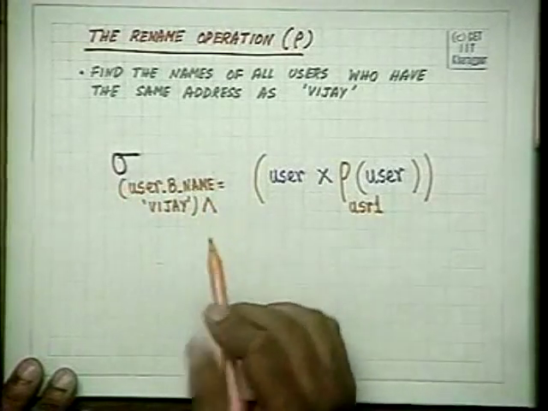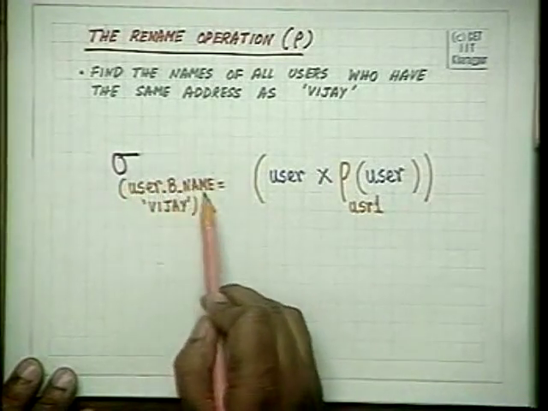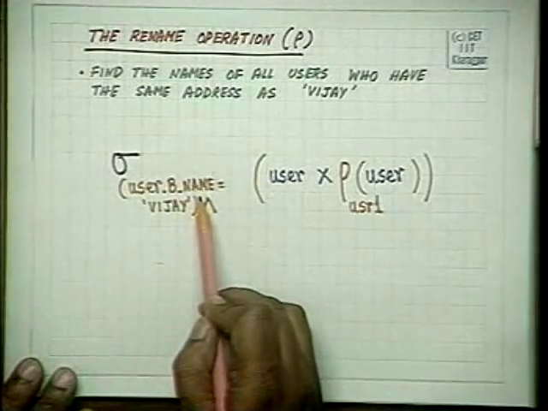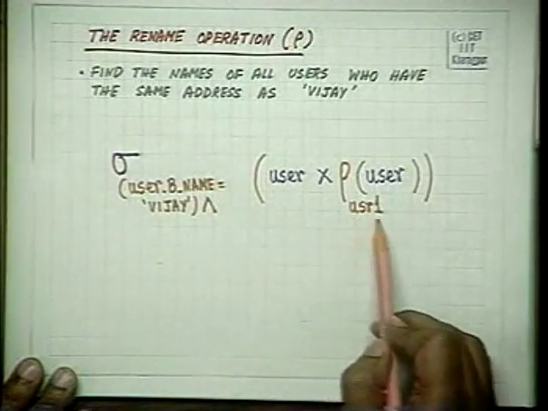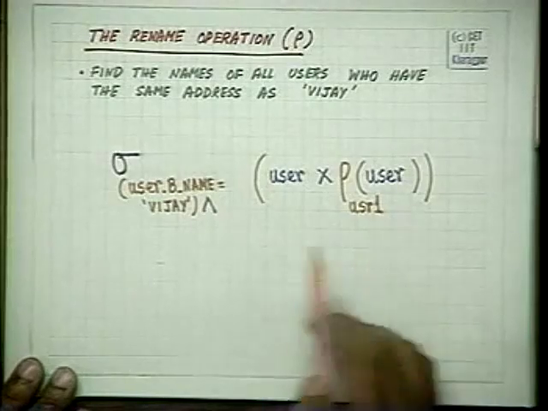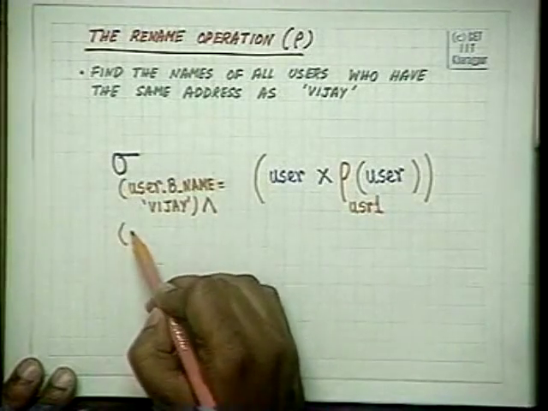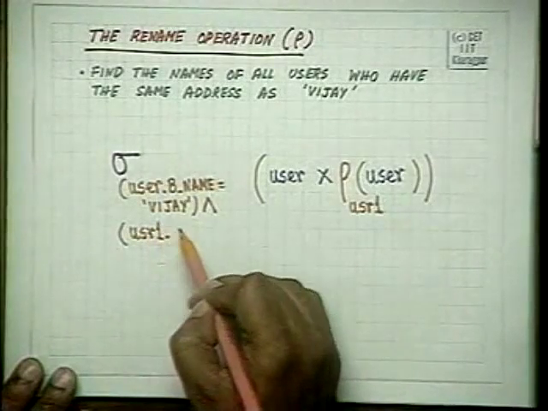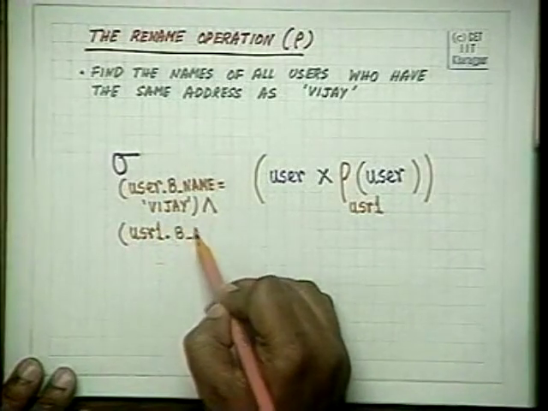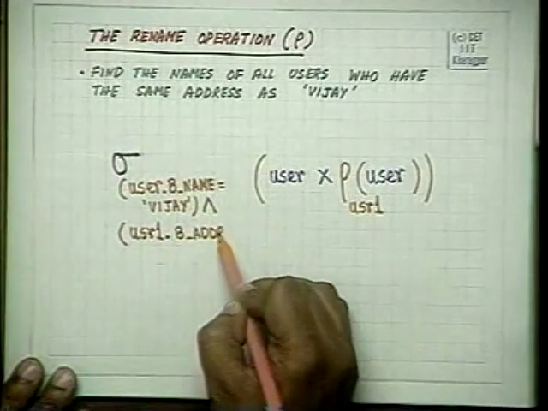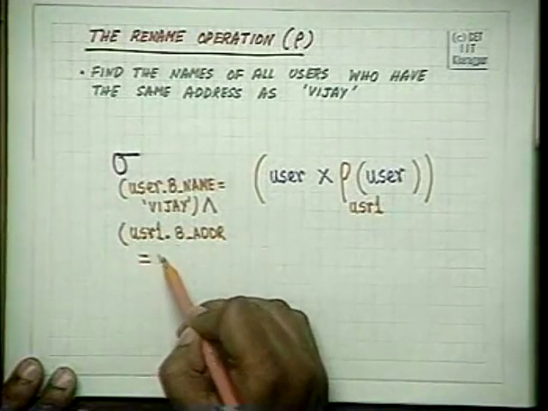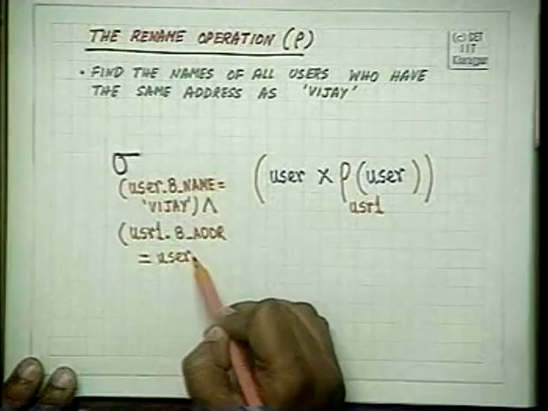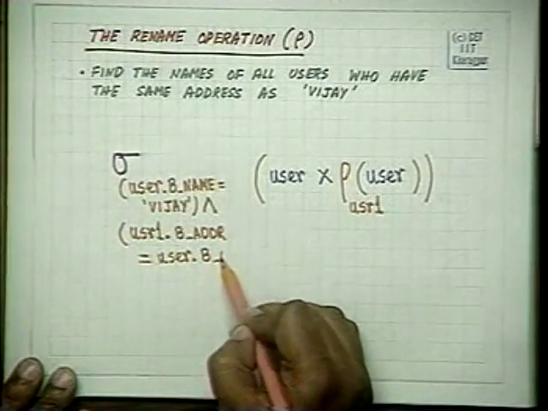And what do we want? We want whatever is the address of this user dot borrower name, this address must also be same. So we will select out those tuples which have USR1 dot borrower's address equal to user dot borrower address.